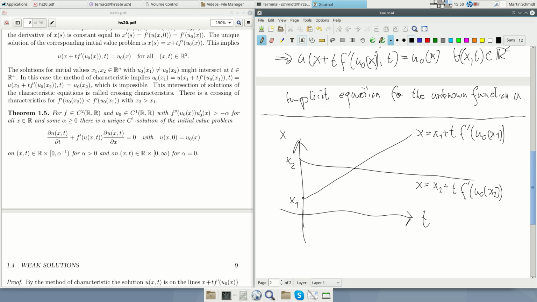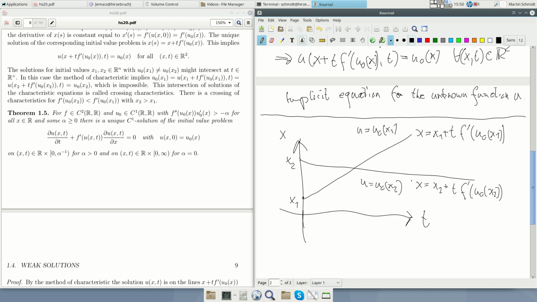Then two such lines might intersect, and along this line we have the condition that u is equal to u0 of x1, and on this line u is equal to u0 of x2.